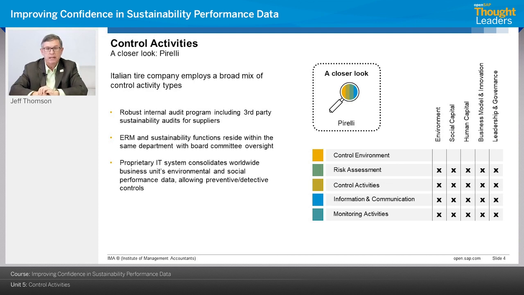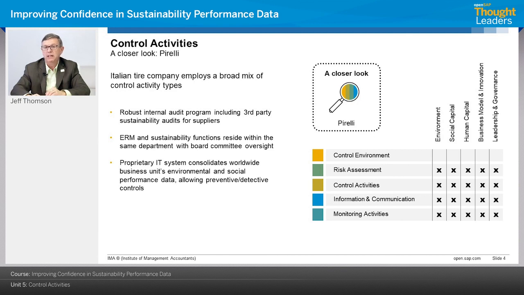From a governance perspective, their ERM and sustainability functions reside within the same department with oversight from a board committee. ERM is enterprise risk management. So there's collaboration, there's integration, there's alignment of activities, which arguably could lessen the risk of an internal controls breakdown. And finally, the importance of enabling technology used by Pirelli tires.